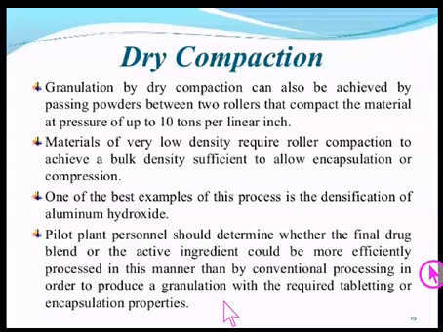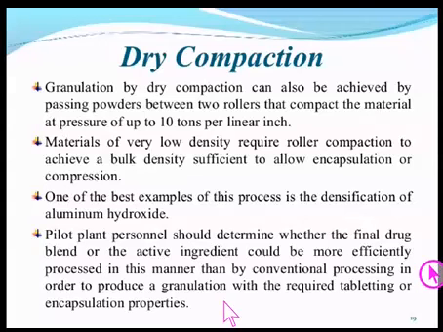And for this purpose, it is advisable to pass such materials between the rollers, causing the dry compaction. And the best example of this kind can be given of the aluminum hydroxide. It is such a material having a very low density, and it will be very difficult to be compressed or to get filled into the capsules.